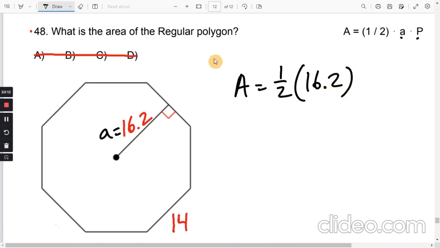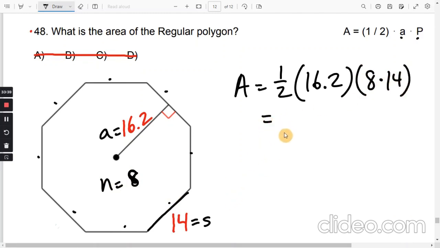And the perimeter, P, is the distance around the polygon. Well, each side length is 14. And how many sides? 1, 2, 3, 4, 5, 6, 7, 8. 8 sides. So the perimeter is going to be 8 times 14. In place of P, I'm going to do 8 times 14.